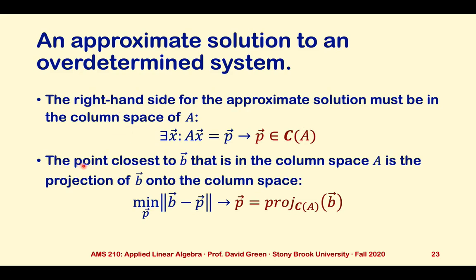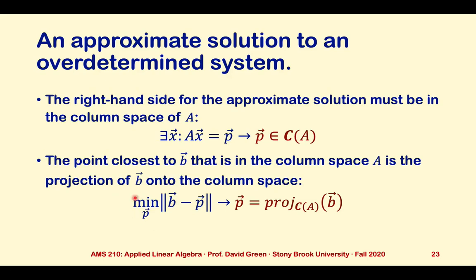What we want then is a p that is closest to b, but in the column space. We've just seen what that is. The point that is closest to a vector b, that is in some vector space V, the column space of A, is simply the projection of b onto that vector space, the projection of b onto the column space.